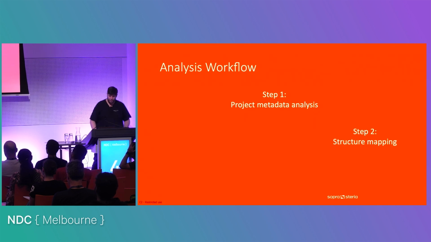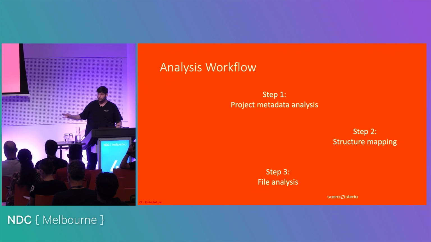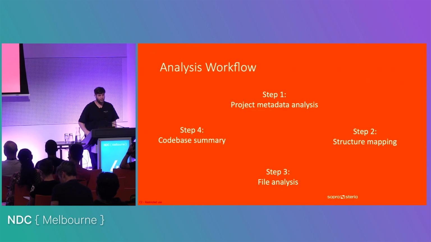The next step would be to map out some of the structure of the project, to understand how the project is built. Then do some file analysis. For some files we want to have a little bit more information. For example, a component, you want to know what's in the component and what the component does. And we also might want to summarize the whole code base in a neat overview.